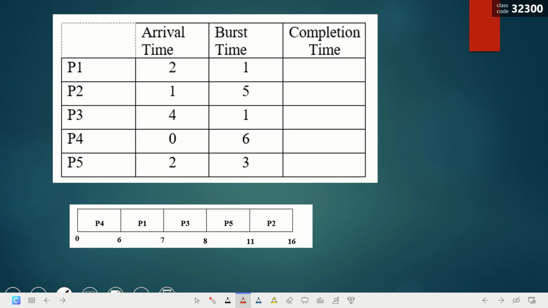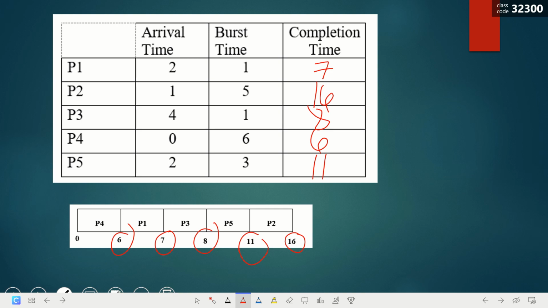The completion time of P1, we have 7. Okay? The next, what is the completion time of P2? The completion time of P2, we have 16. The completion time of P3, we have 8. And the completion time of P4, we have 6. The completion time of P5, we have 11.